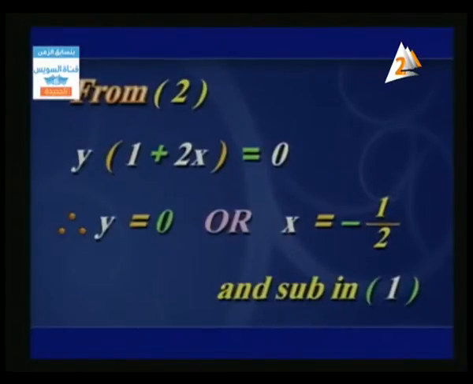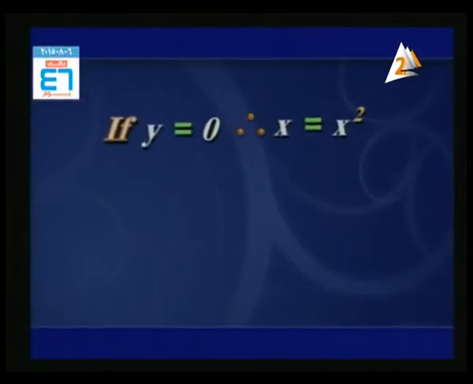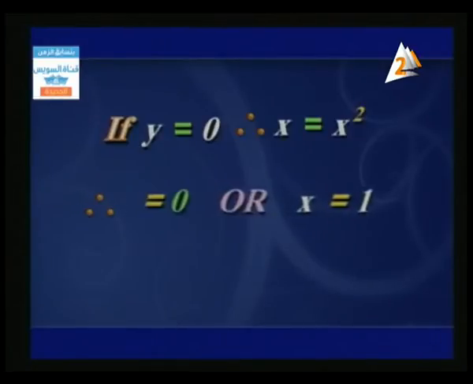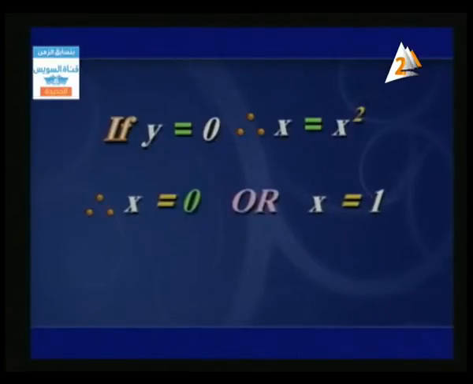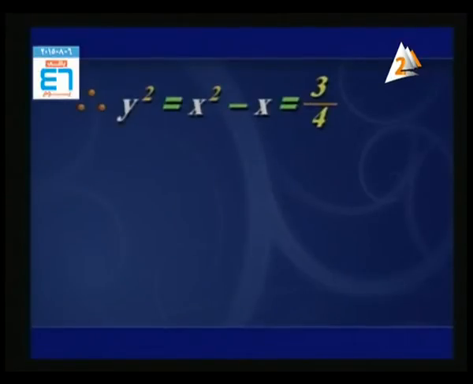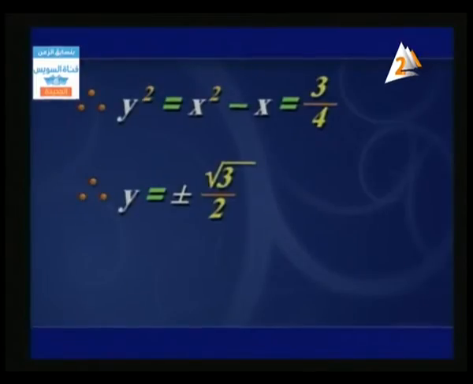And by substituting in equation number 1, if y equals 0, then x equals x², so x equals 0 or x equals 1. And if x equals negative half, then y² equals x² minus x equals 3/4, so y equals positive or negative root 3 over 2.